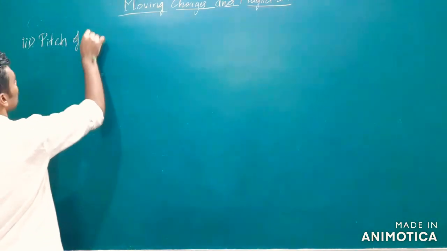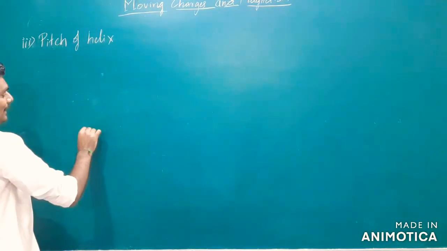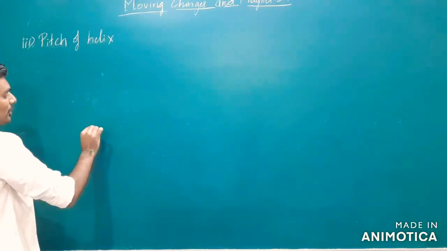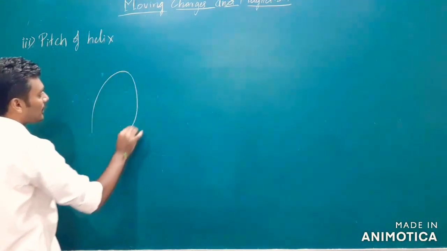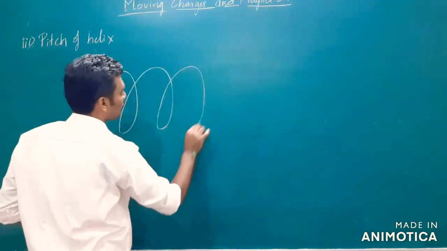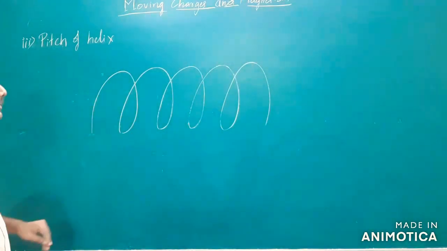Since the path of the body is helical, when you throw the body into the magnetic field at a certain angle, it would make this kind of motion. This is a helical path and the shape is called a helix.